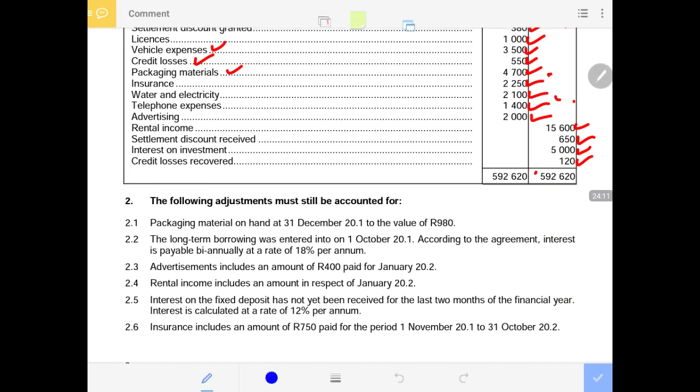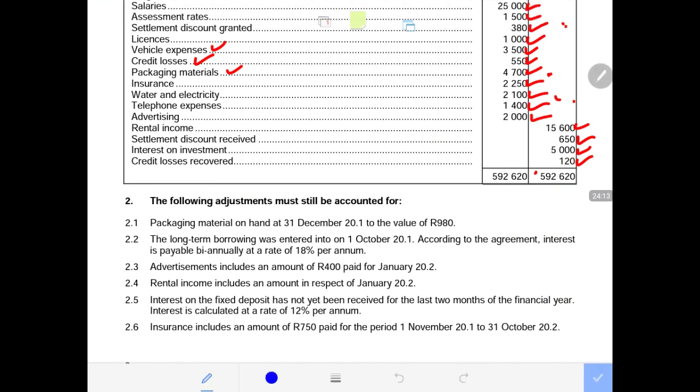Now it says in the first adjustment, packaging materials on hand on 31st of December 2001 to be valued at 980 rands. Now this is the inventory that is left at the end of the year.